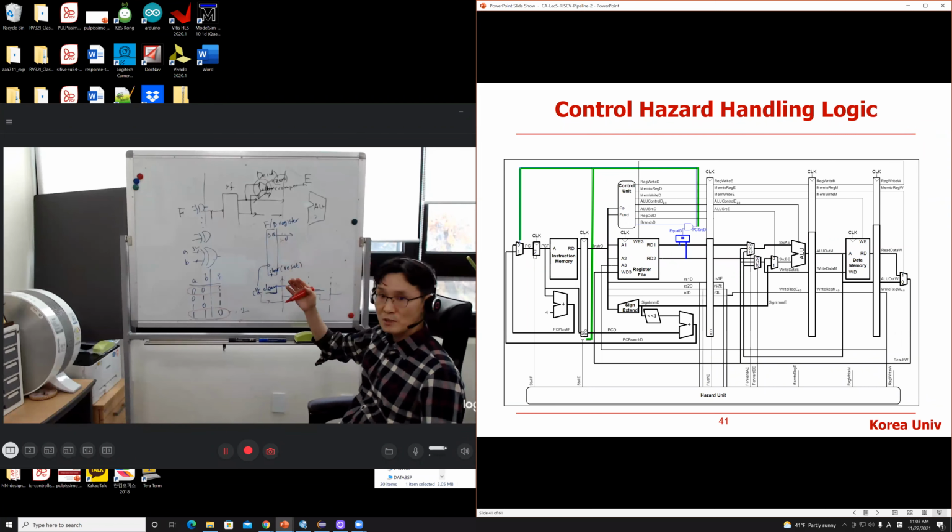Machine code all 0 means there is no operation.